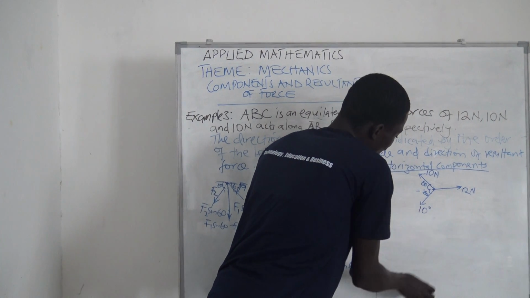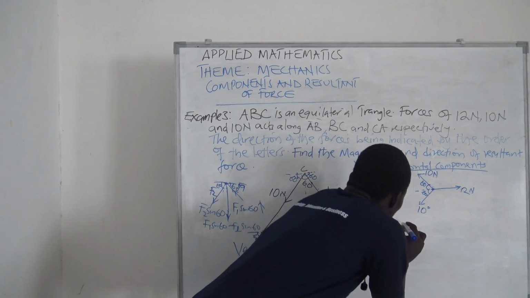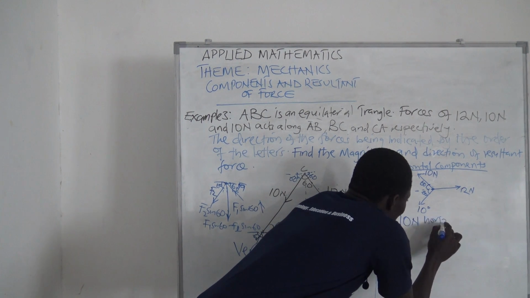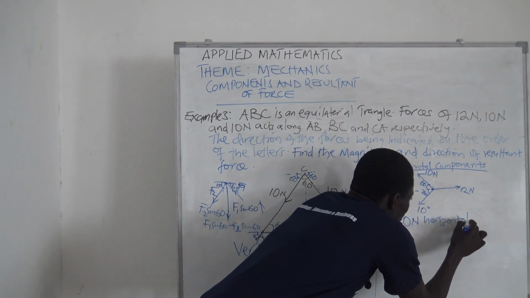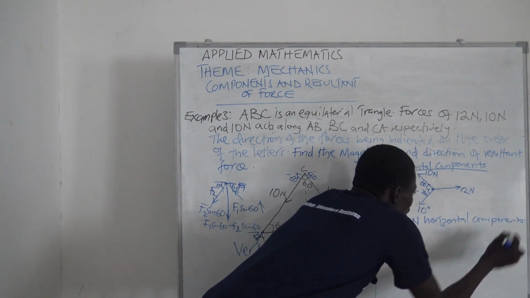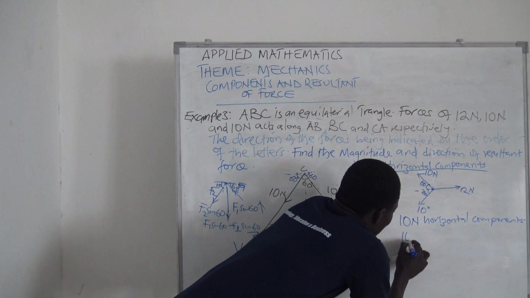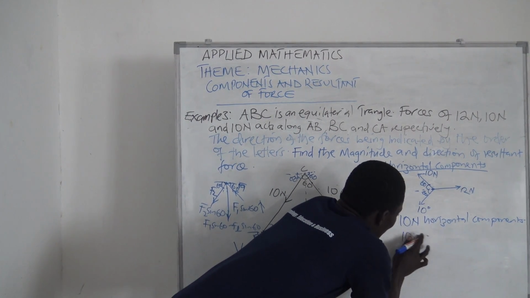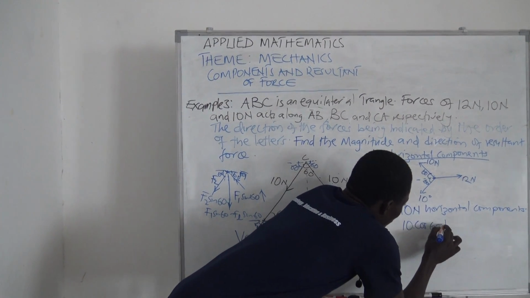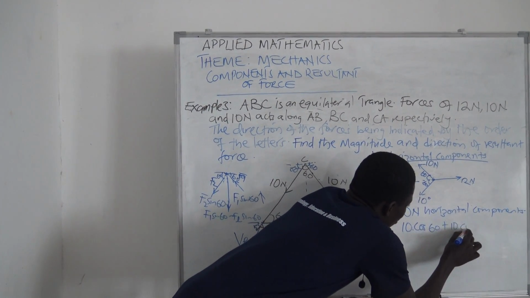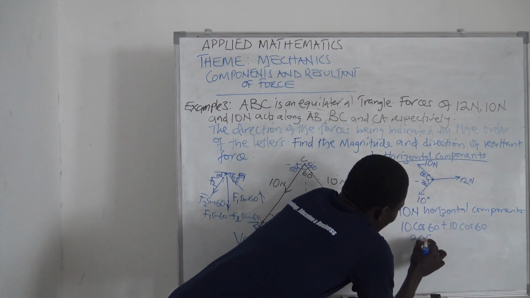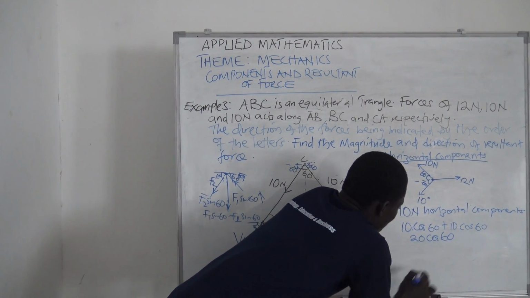So for 10 Newton, horizontal component is given by 10 cos 60 plus 10 cos 60, this one becomes 20 cos 60.